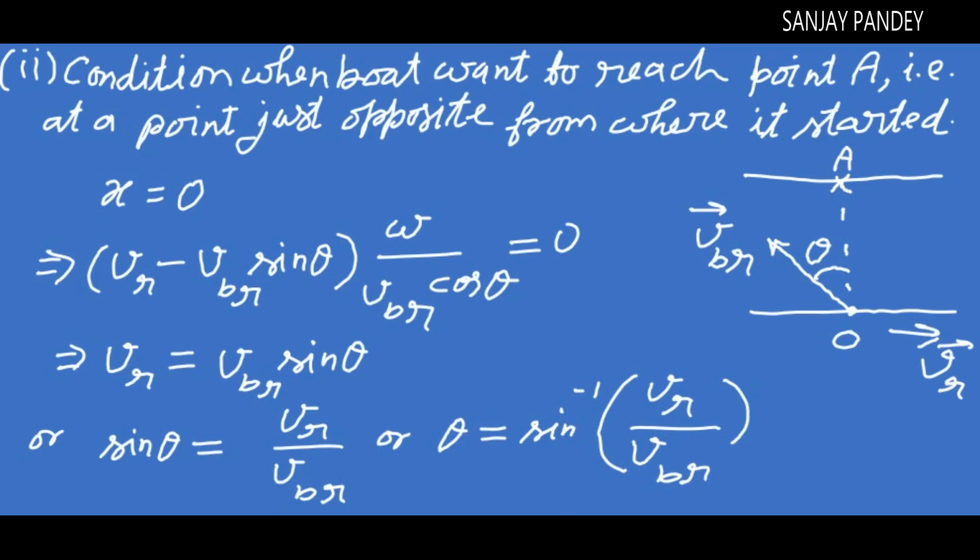Hence, to reach point A, the boat should move at angle theta equal to sin inverse Vr upon Vbr upstream from OA.